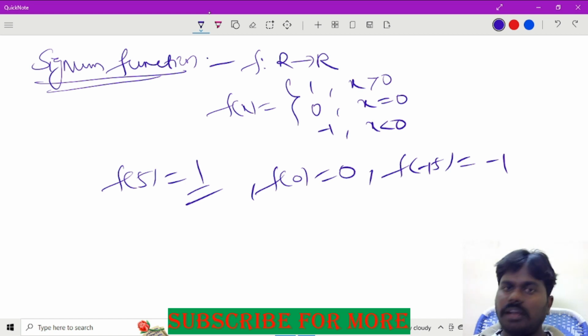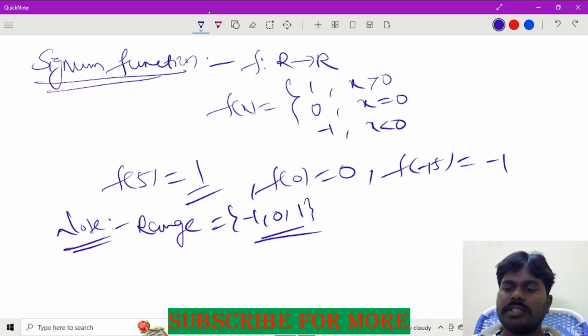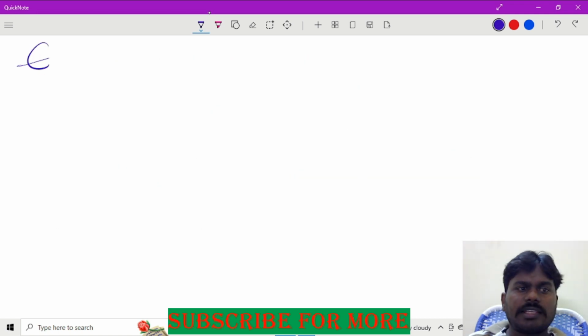So whatever the value of x we give to the function f, the outputs are only 1, 0, minus 1 based on the numbers. So take note that the range equals minus 1, 0 and plus 1. Okay, this is about the signum function. Next, greatest integer function.